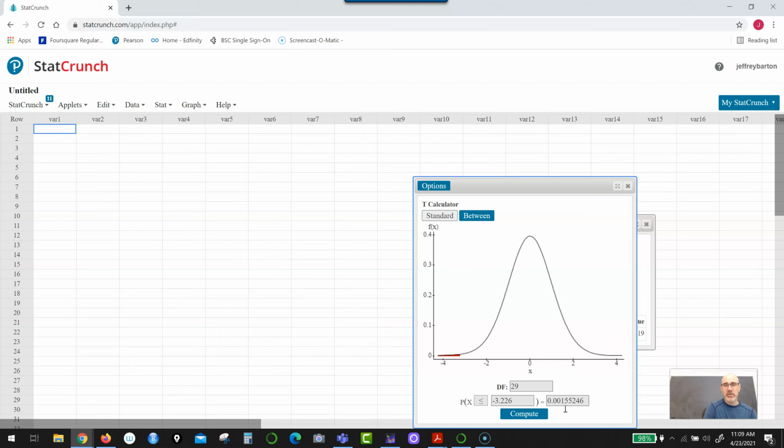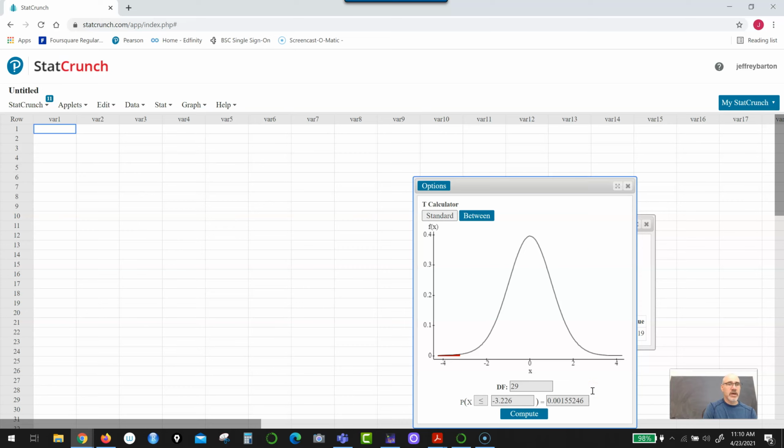And so if I doubled that for the two-sided test, I would get 0.003, which is slightly different from the 0.0019 used in the video for the example, because I took the result from the StatCrunch hypothesis test, which used a different degrees of freedom in the calculation.